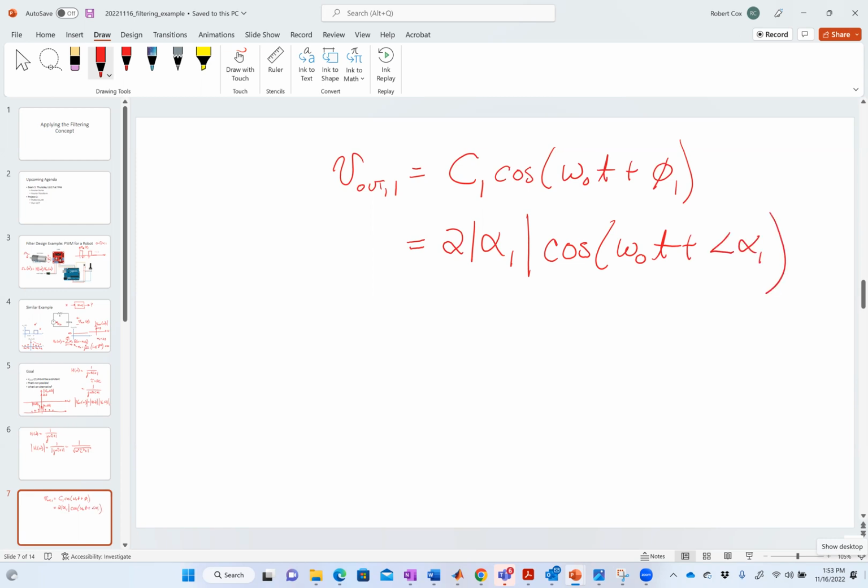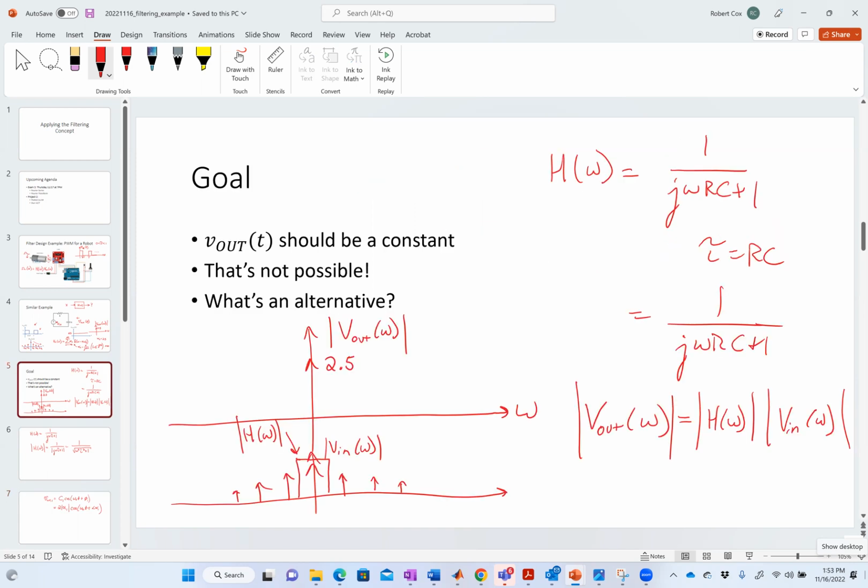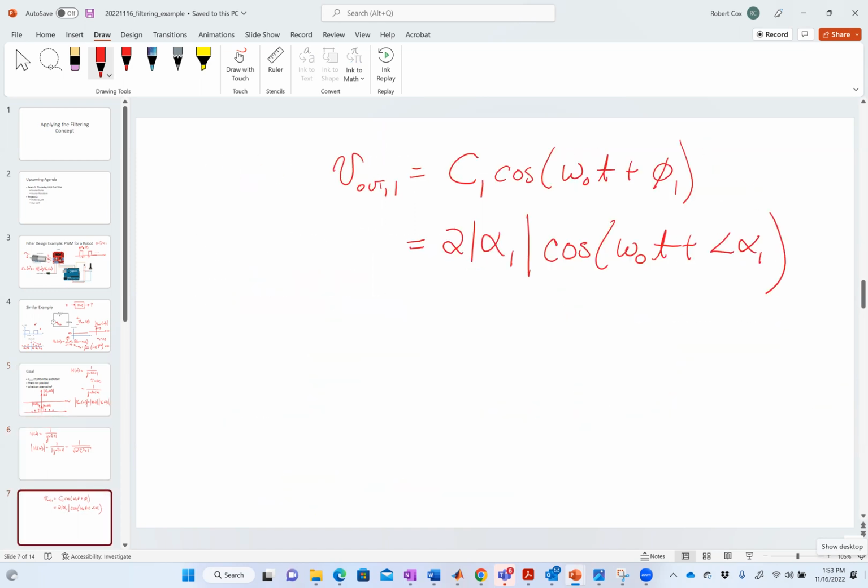What I'm saying is, what do I want C1 and the magnitude of alpha 1 to be? What do I want them to be ideally? If I'm only having the result be a constant, what is it that I want C1 to be?